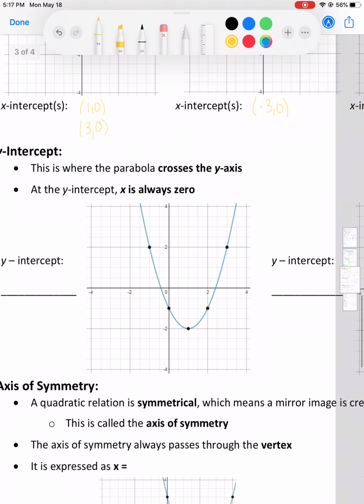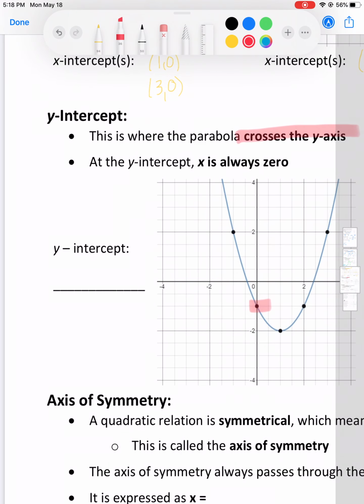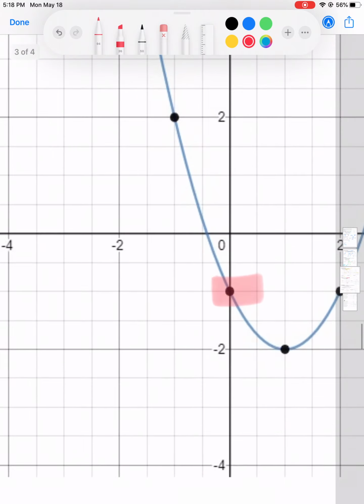Y-intercept, you guys know this one too. Okay, we did it with y is equal to mx plus b. It's when it crosses the y-axis. So it's that point right there. So at the y-intercept, x is equal to 0. You guys know this. We've done this so many times. Okay. So in this case, what's my y-intercept? You gotta look at the spacing.